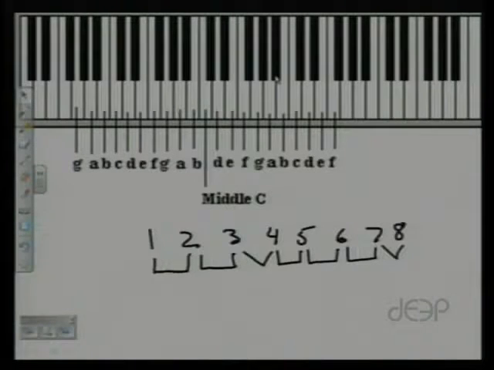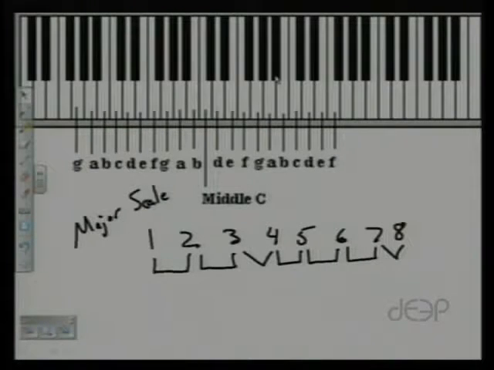Now you need to memorize this pattern. This is the pattern of a major scale, and we will refer back to this pattern throughout the entire trimester. So it's really important that you memorize the pattern: whole, whole, half, whole, whole, whole, half.